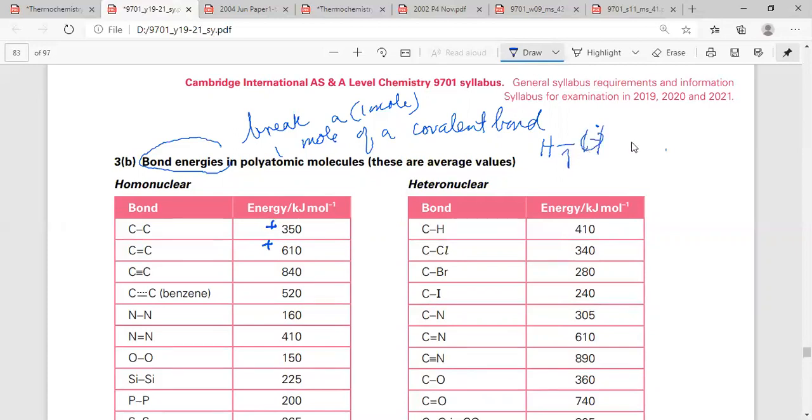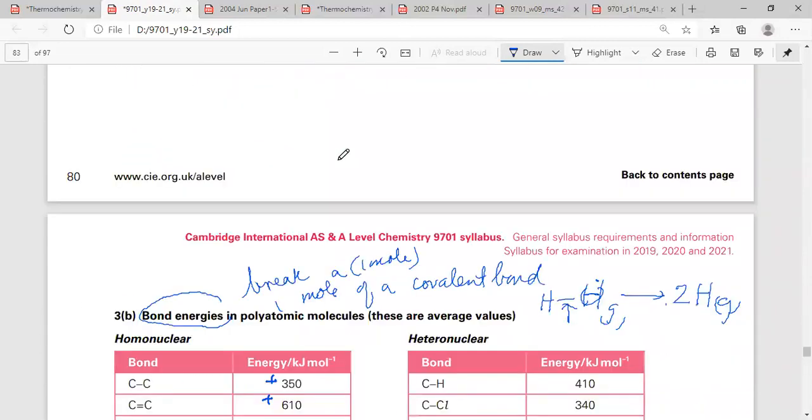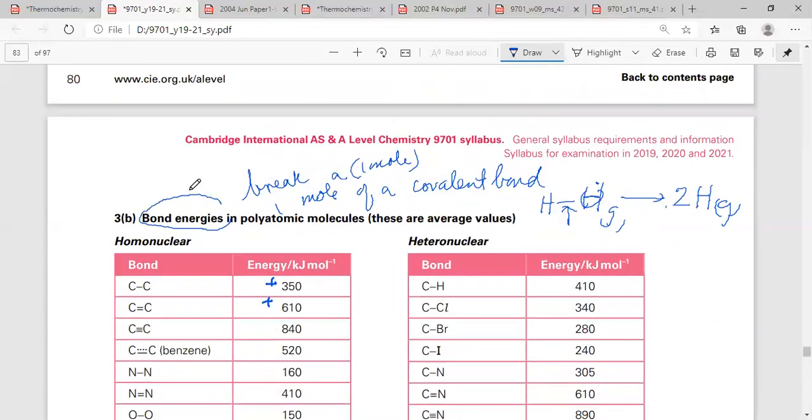So this is to break one mole, under standard conditions with gas. To break 1 mole here, I will get 2 moles of gaseous hydrogen atoms there. If you look at it on top there, hydrogen here is 436. So remember, it's positive 436.